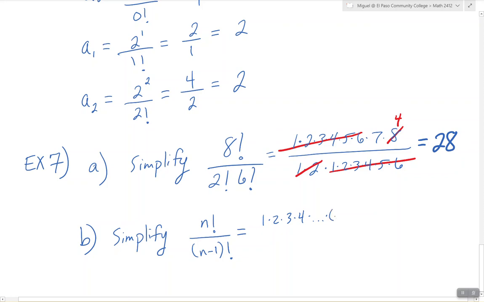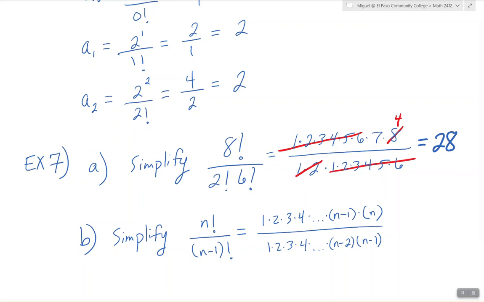Right before n would be n minus 1, and then you add 1 more to get to n. n would be the last one in that product. Over n minus 1 factorial, this is going to go from 1 all the way to n minus 1. Before we get to n minus 1, it'll be n minus 2, and then n minus 1, and that's the last term, since it was n minus 1 factorial.